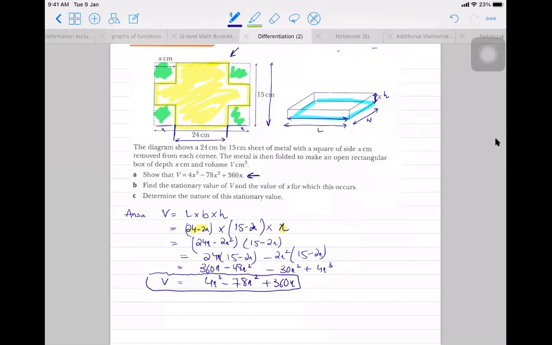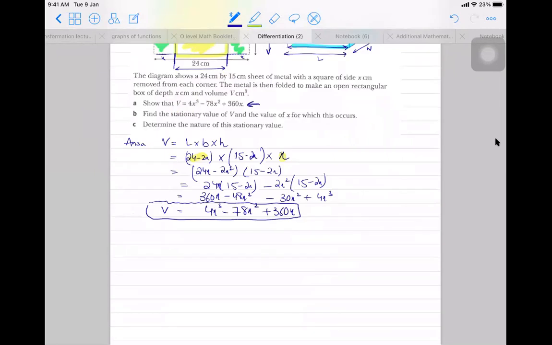Yes, sir. The second part says find the stationary value of the volume and the value of x for which this occurs. So what is the stationary value of the volume? If we have the volume expression, to find the stationary value, I can just differentiate the volume with respect to x.